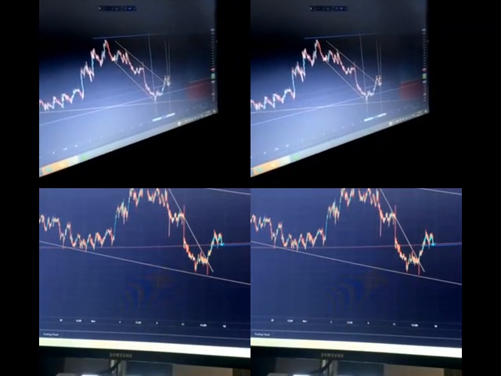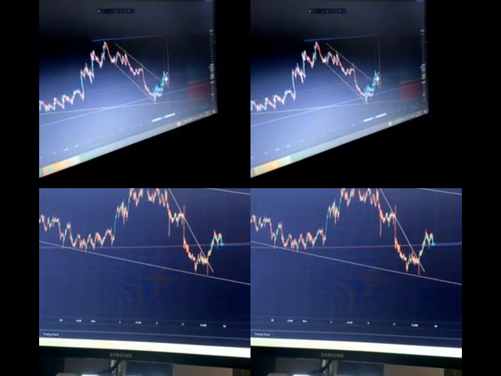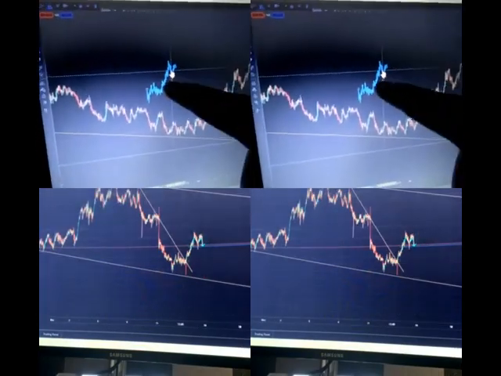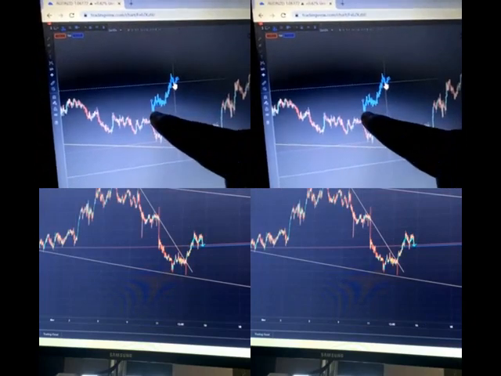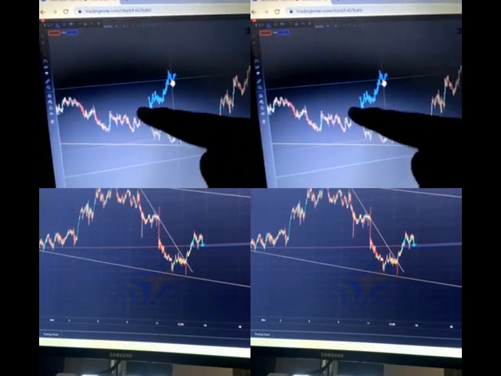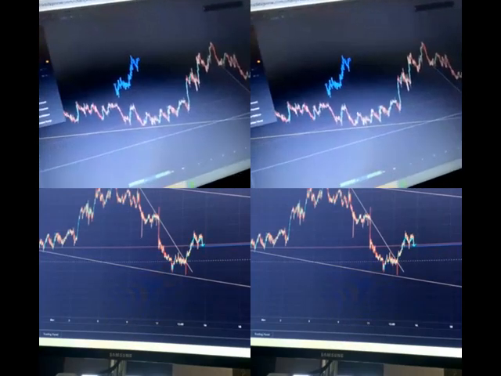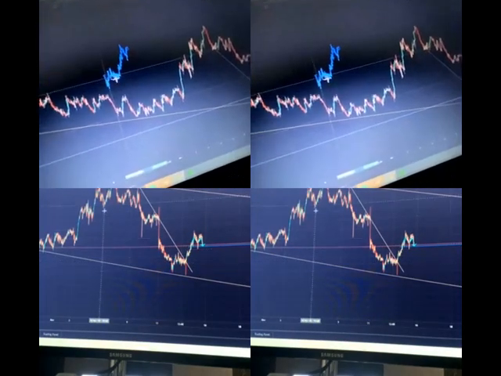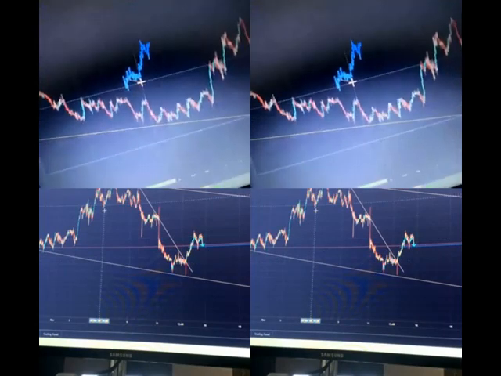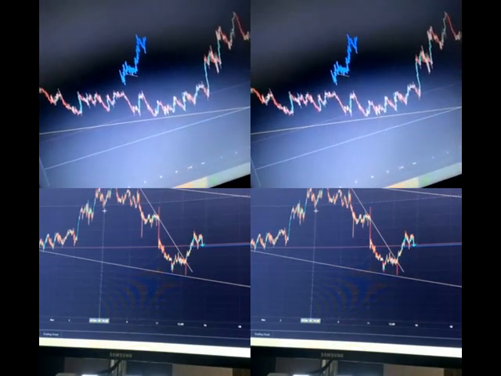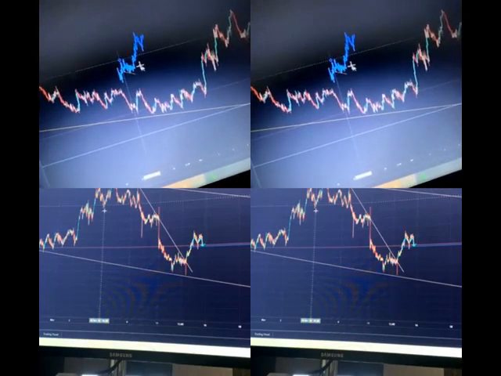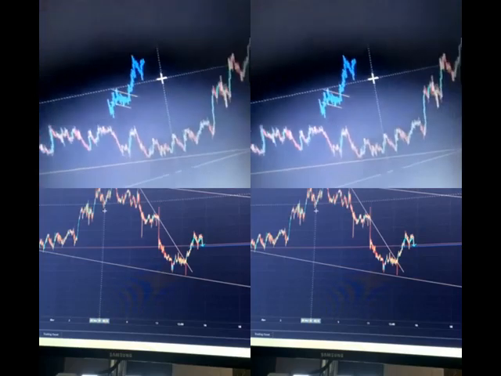Okay, you want me to use that? One sec, let me check. I'm going to use the bar pattern right now. This is the bar pattern of what happened there. If you check, we had this pattern here, and the market broke up on this pattern with an impulse.